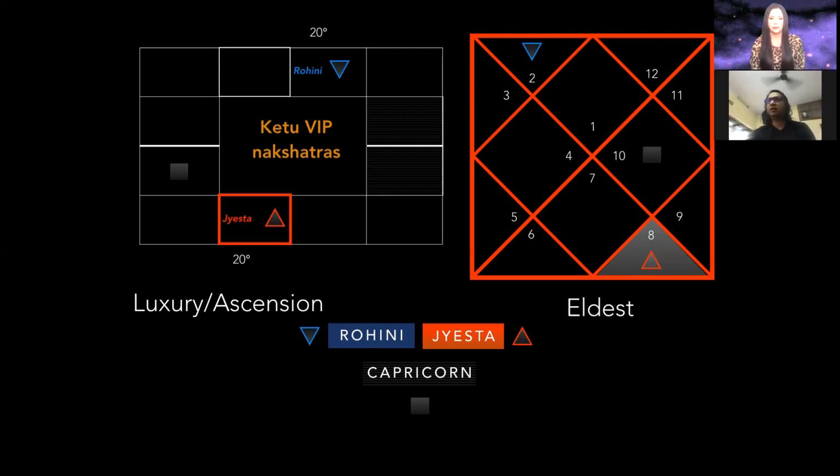It is getting exalted in Jyeshta nakshatra, in the Scorpio sign, in the nakshatra which is ruled by Indra. Indra is the one who is actually the supreme ruler of the devas, right? So you have the supreme emperor of the gods kind of aspect happening in Indra.